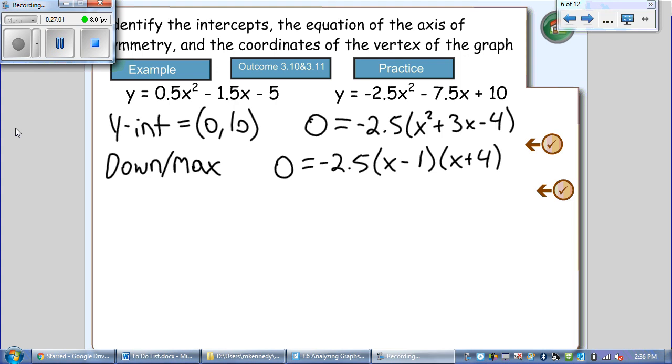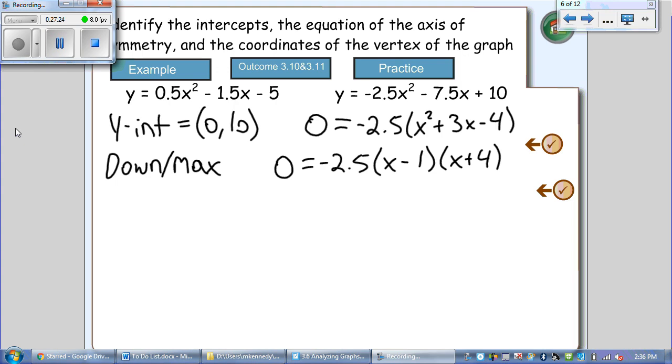It won't, because your x-intercepts come from this being 0. So what makes this 0? 1. And the negative 2.5 times 0 will still be 0. If you multiply it back in, you would still get the same intercept.